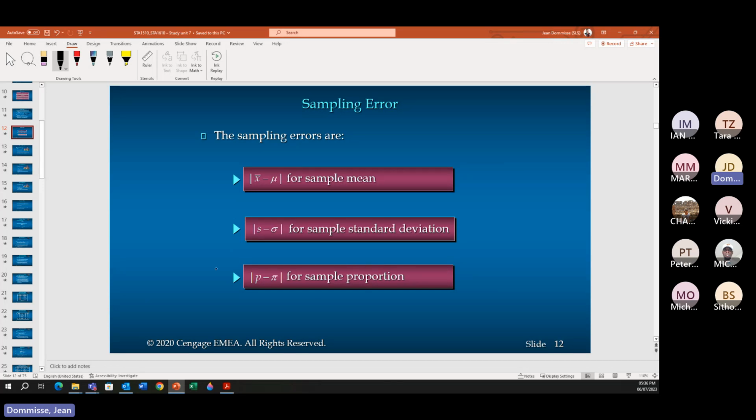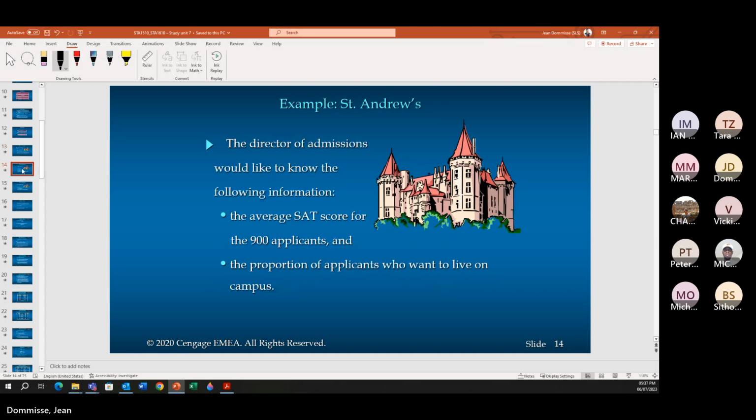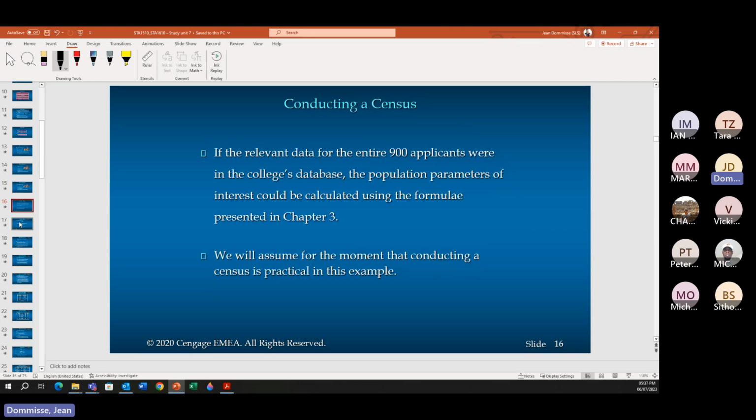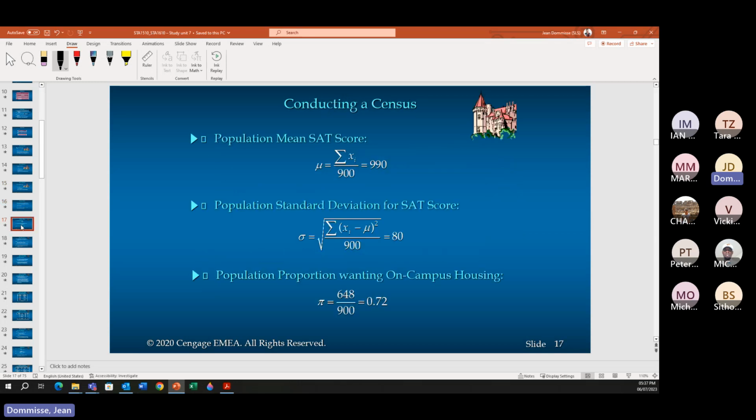The sample proportion one will look a bit different. The formula will look a bit different, but we will get to that later in the study unit as well. Okay, so I'm again going to have those things that you can work through.